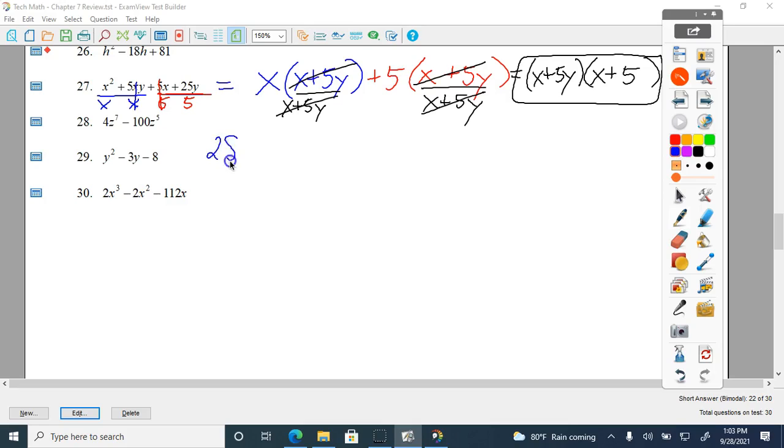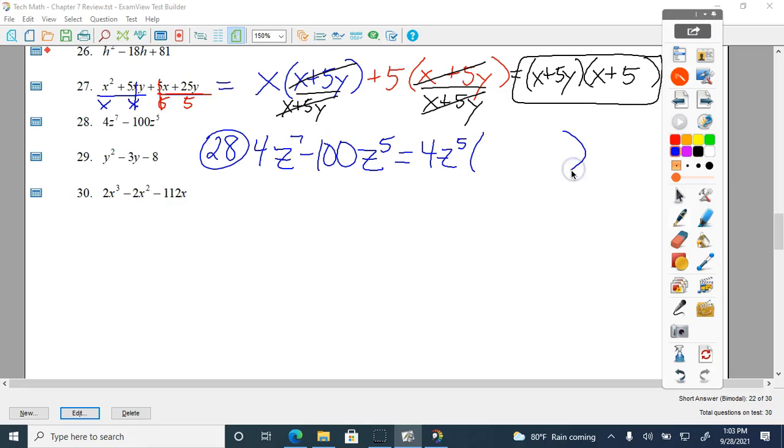28. I don't really have room, so I'm just going to rewrite it here. Everybody ready? Is there a common factor on 28? 4z to the 5th.